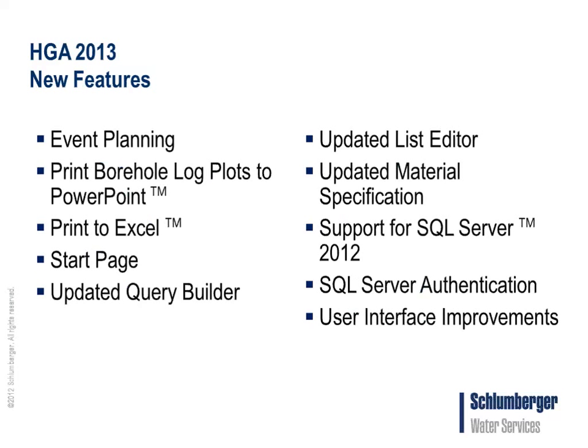We have updated our query builder, list editor, and material specification, so I'll show you what the changes are for those modules. We're also supporting SQL Server 2012 now, as well as SQL Server authentication. And then there were some changes to the user interface as well, in hopes of improving the layout to allow for more flexibility for the users.